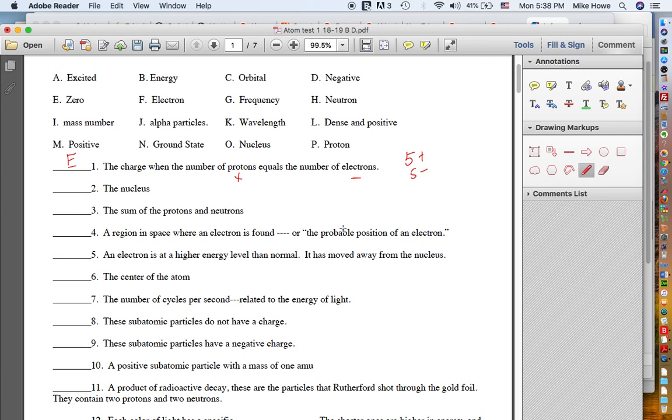Okay, this question number 2 is called the nucleus. You could have had a couple different answers here, but the one that I wanted was dense and positive. So the nucleus has protons in it, and remember when we were doing the pictures of the atoms, the nucleus is a little pinpoint in the center. So it's very, very dense, and it's positive because it's got protons and neutrons.